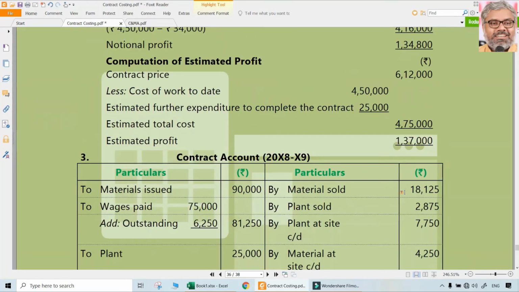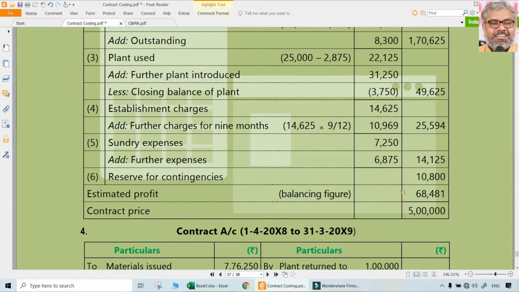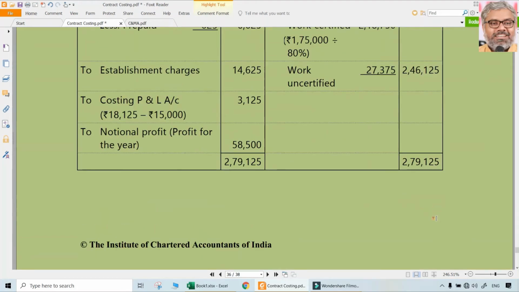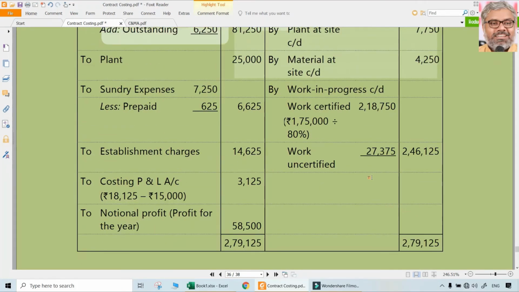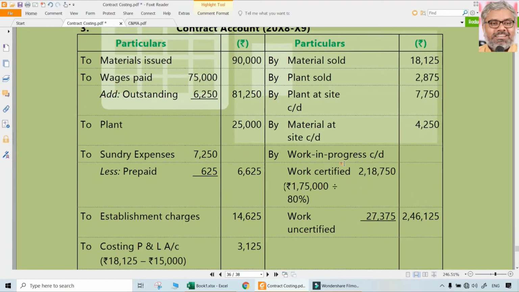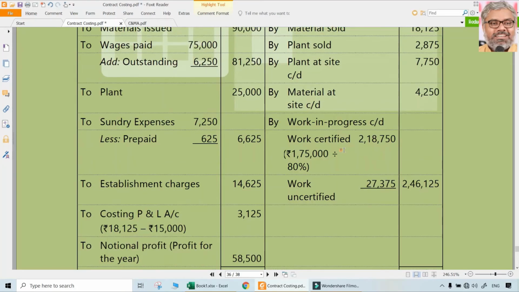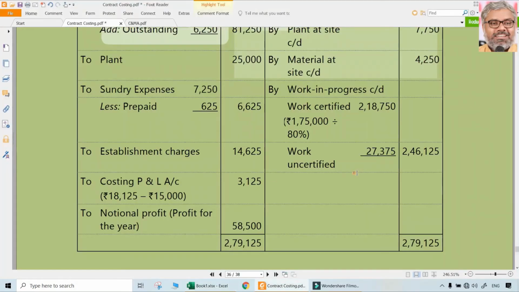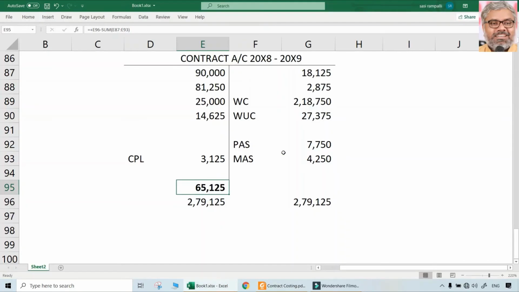Let us just quickly check that. Ninety thousand, 81,250, 25,000, 6625. What is this 6625? Sundry expenses.